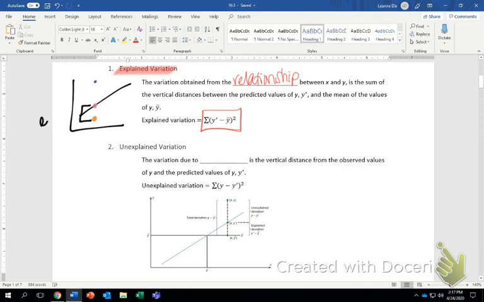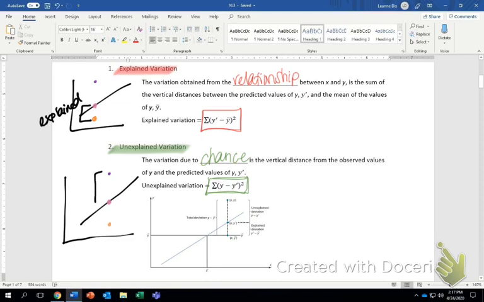That would be between the pink and the orange lines, and this would be our explained information. The second piece is our unexplained. This is our variation due to chance, and it follows this formula, which is y, the actual, minus our prediction. If we draw our picture again, it would be the difference between the purple and the pink. It's our unexplained.